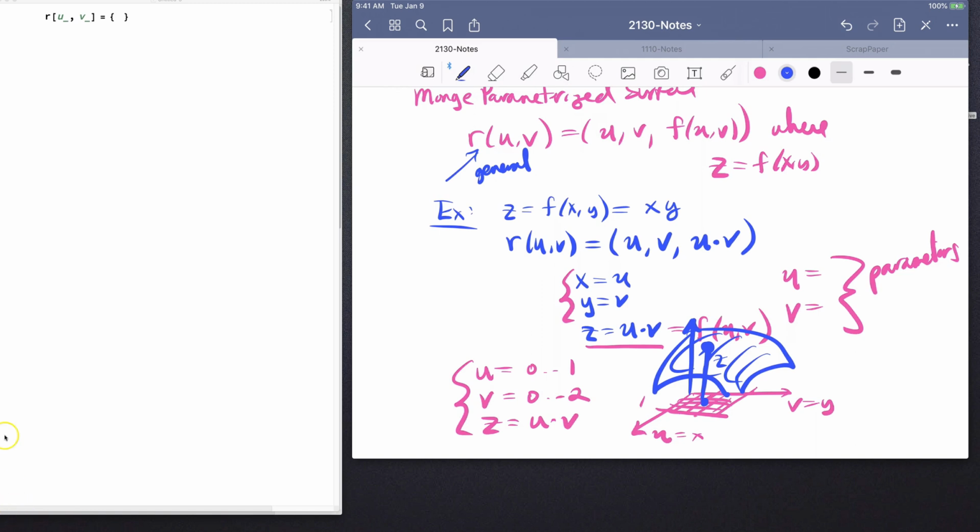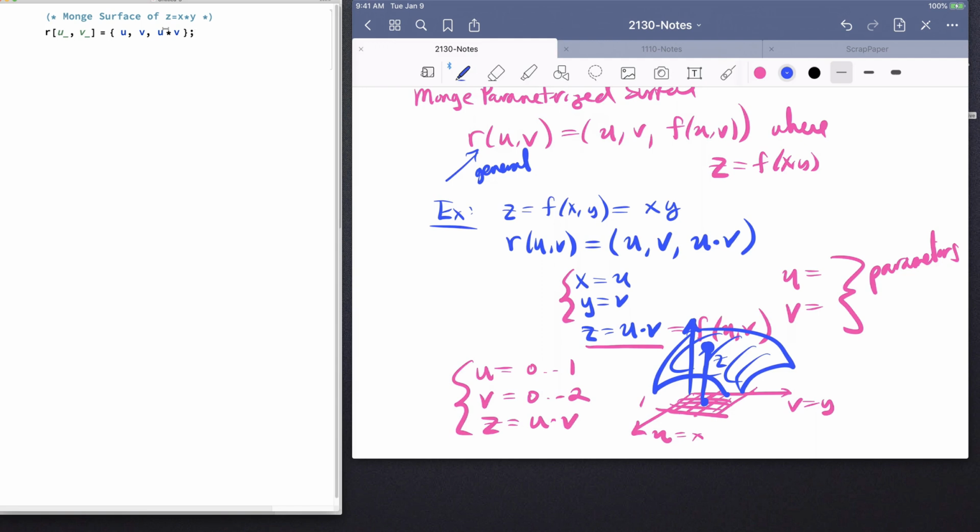So that's what we are seeing over here. For example, when I try to create a Monge parameterized surface, u for x, v for y, u multiplied by v for z, this is the Monge surface of z equal to x multiplied by y.